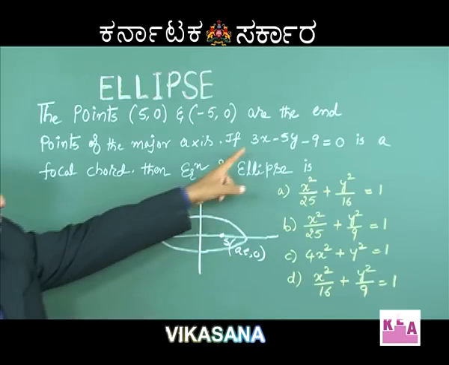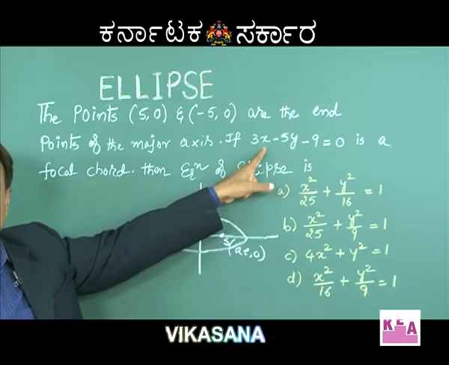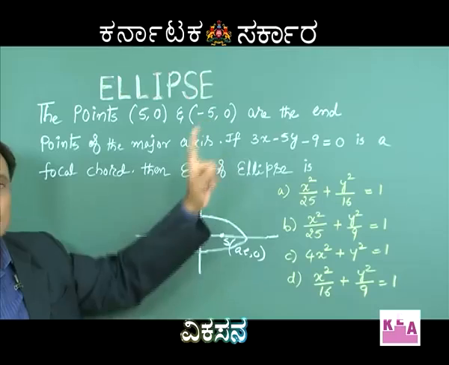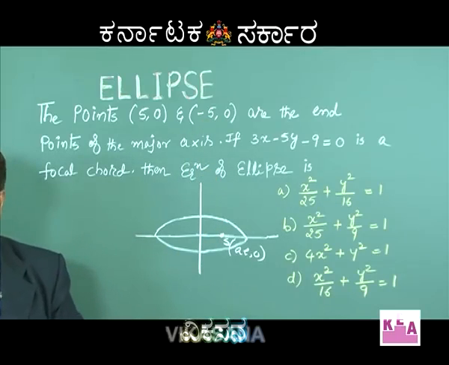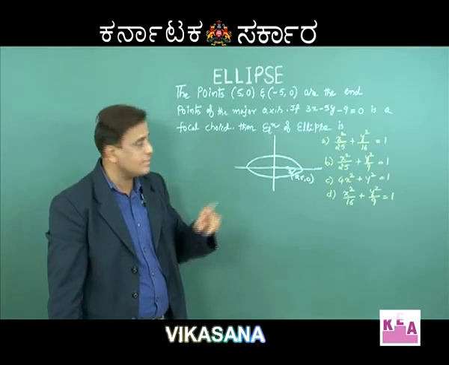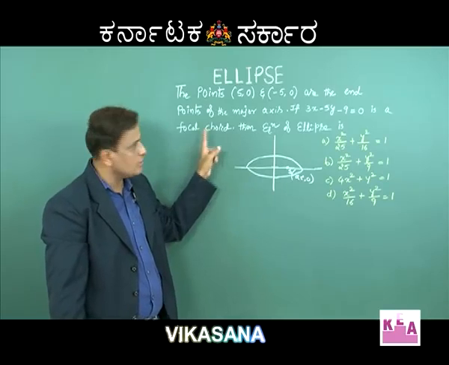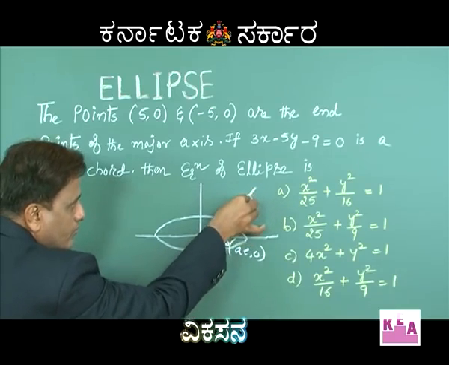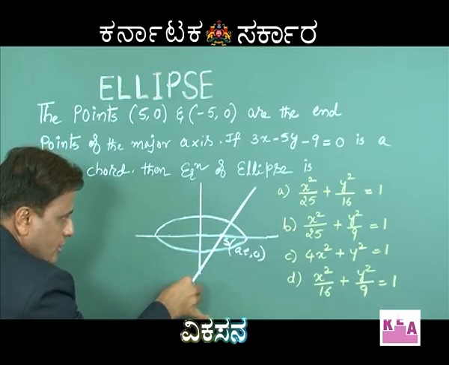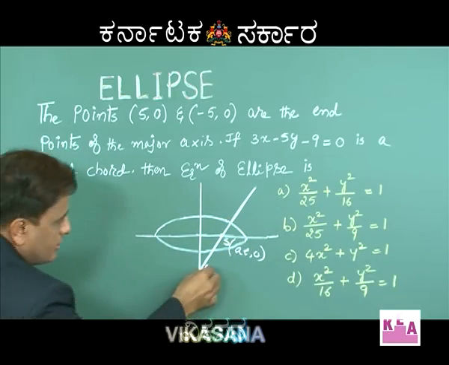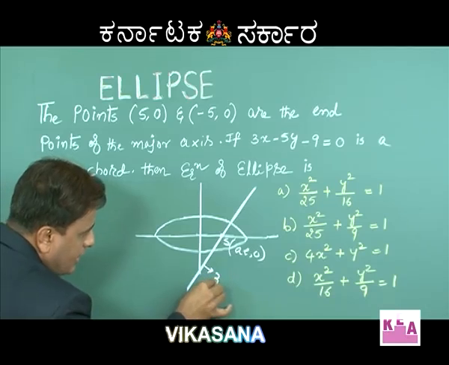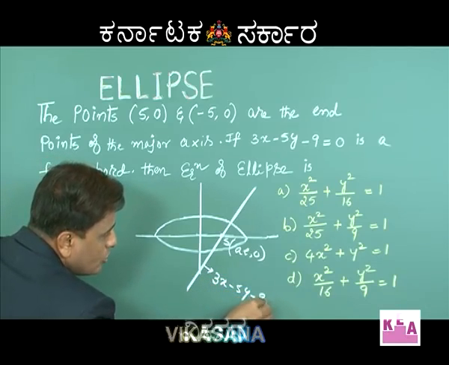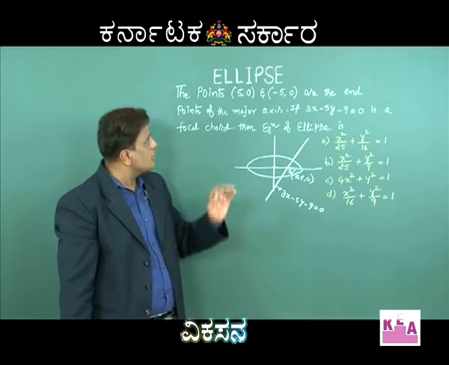But now observe the main highlighted point of the question: 3x - 5y - 9 = 0 represents a straight line. But it is given that it is a focal chord. That means the line is passing through the focus. This is called a focal chord. Once again, try to understand.